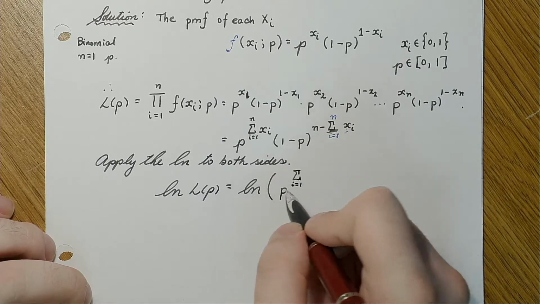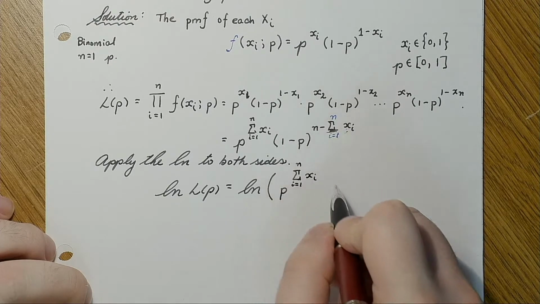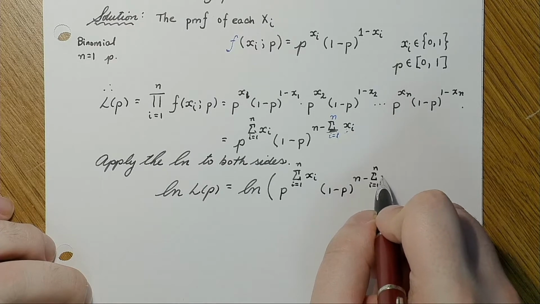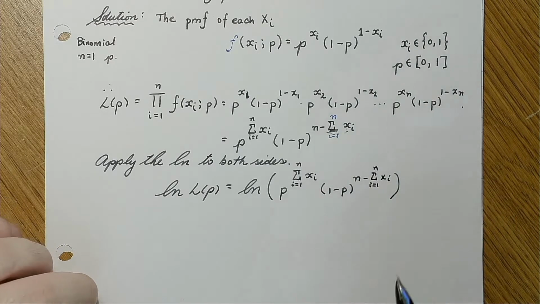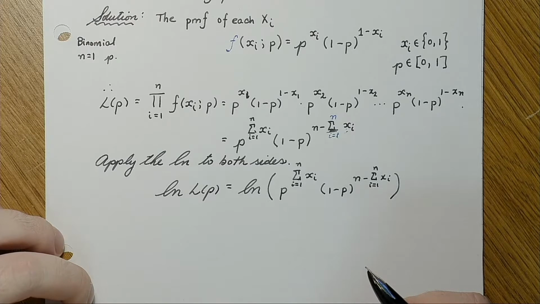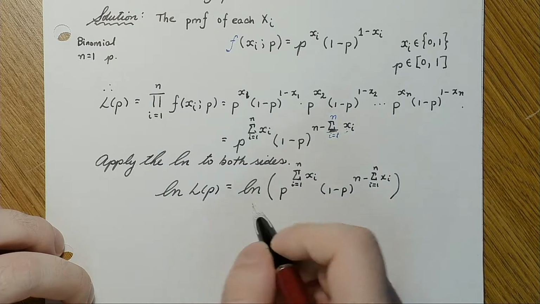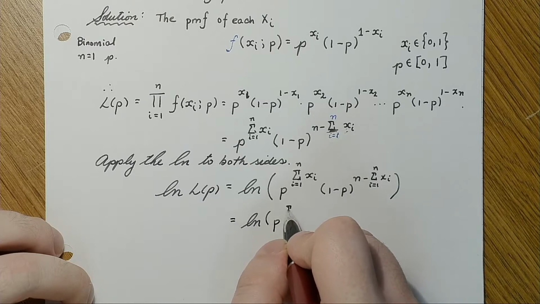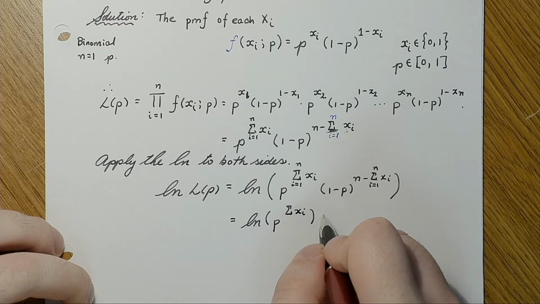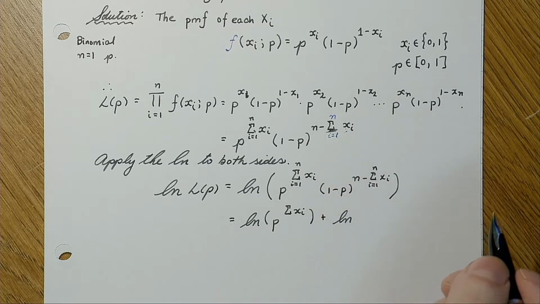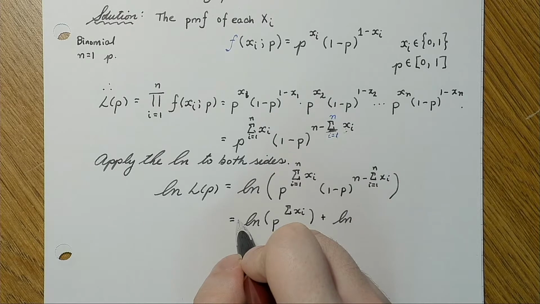What can I do now that I've applied the logarithm to this? Yeah, I can split them up into two terms, and I can bring the exponents down in front. So these will come down in front of the term here.